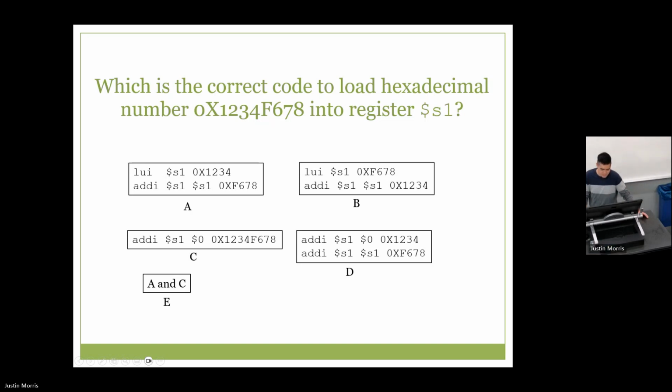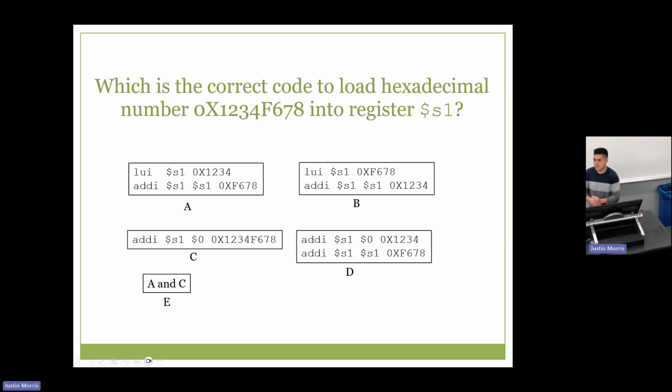For the same, this gets you 1234 in the bottom bits, and then it's adding F678 also to the bottom bits, but we're also getting the ones again extended. So really none of these. I forgot to change E. But if you chose A, that's the closest. Okay, sweet. Yeah, I'll try and remember to change the slides after this. As I was explaining it, I forgot.